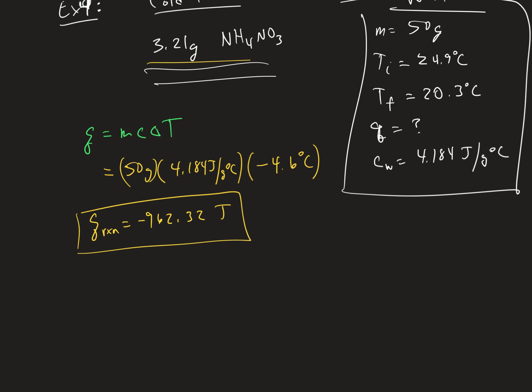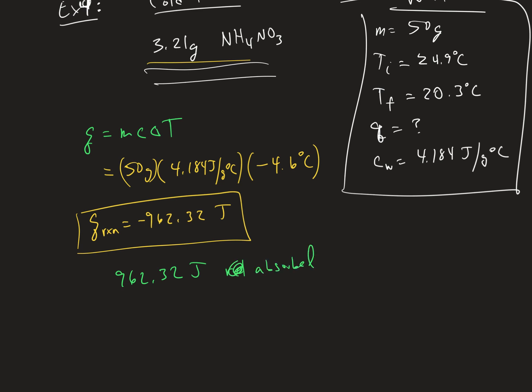We can write our answer like this, or we could just say 962.32 joules released, or, hold on a sec. This is absorbed from the surroundings, right?